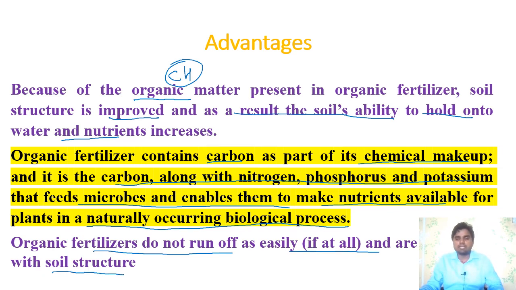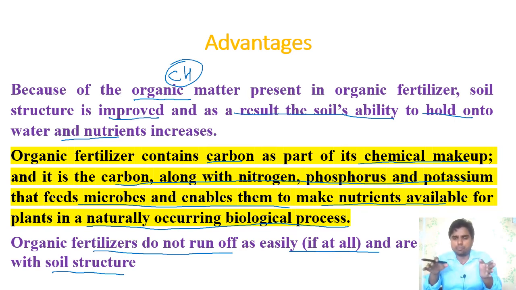Like we have studied, chemical fertilizers seep down into the soil, but organic fertilizers will not go deep inside the soil, and they are very useful and natural for the soil. There is no disturbance in the ecosystem of the field.